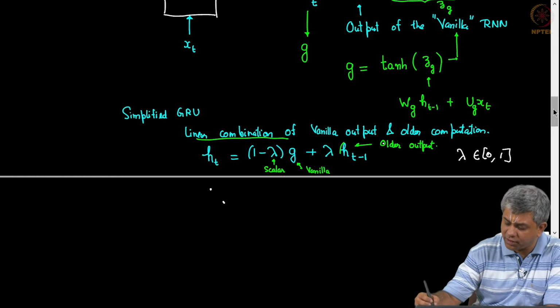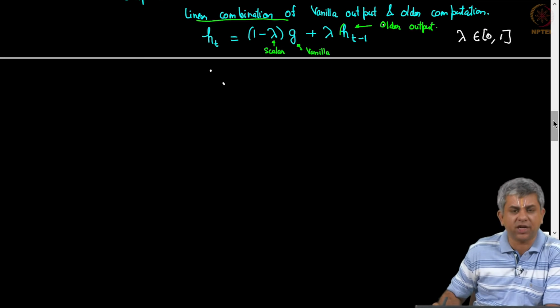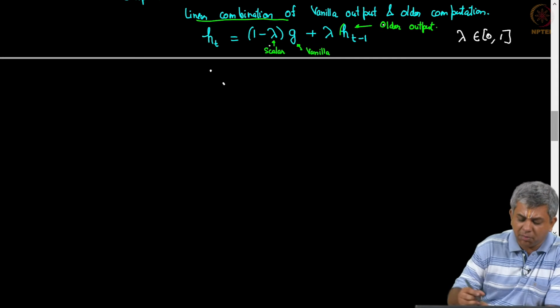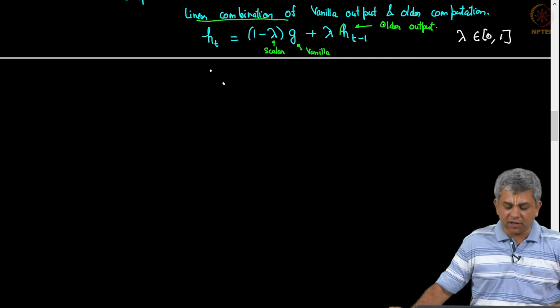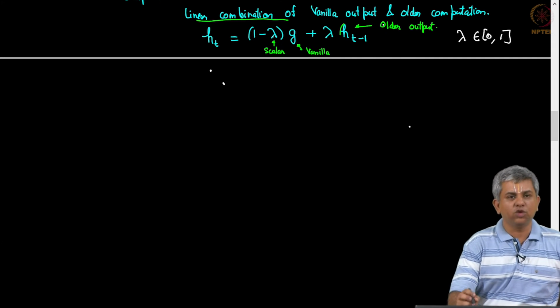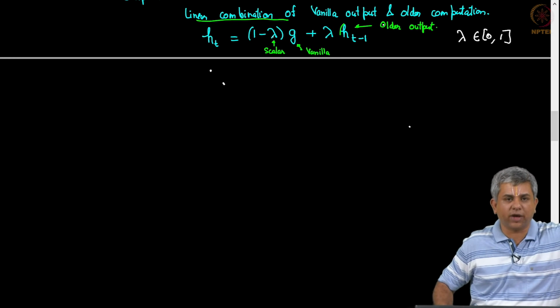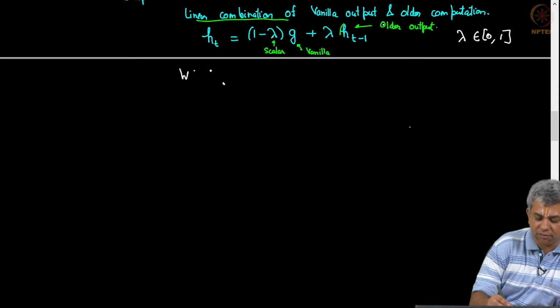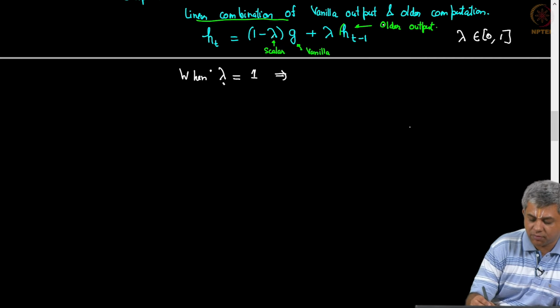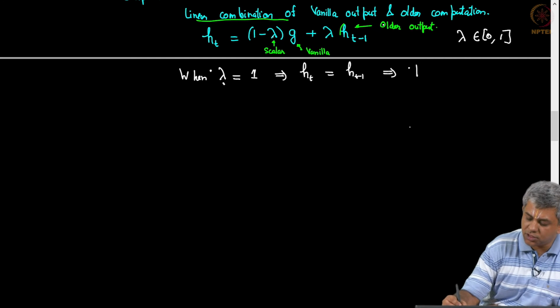Now, this is not quite simplified GRU. I am going to write the form shortly, but remember what this functions like. You can think of lambda as if it is a valve. When the valve is turned to 1, you only retain what was done before. So, when lambda is equal to 1, you have HT equal to HT minus 1. This is pure and simple memory, no computation at all.